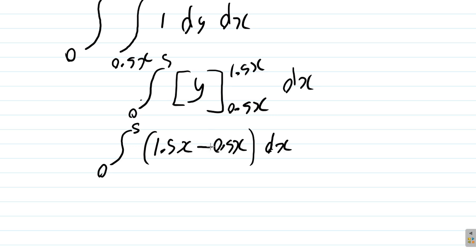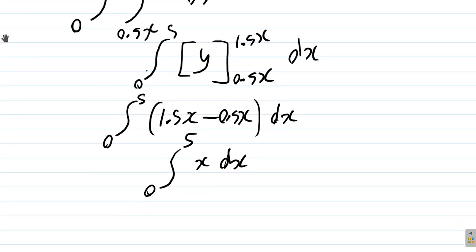Now you have 1.5 minus 0.5, which is what? 1x. So you're integrating from 0 to 5 of x dx. All right? Now when you integrate x, you get x squared over 2. And you're going from 0 to 5.